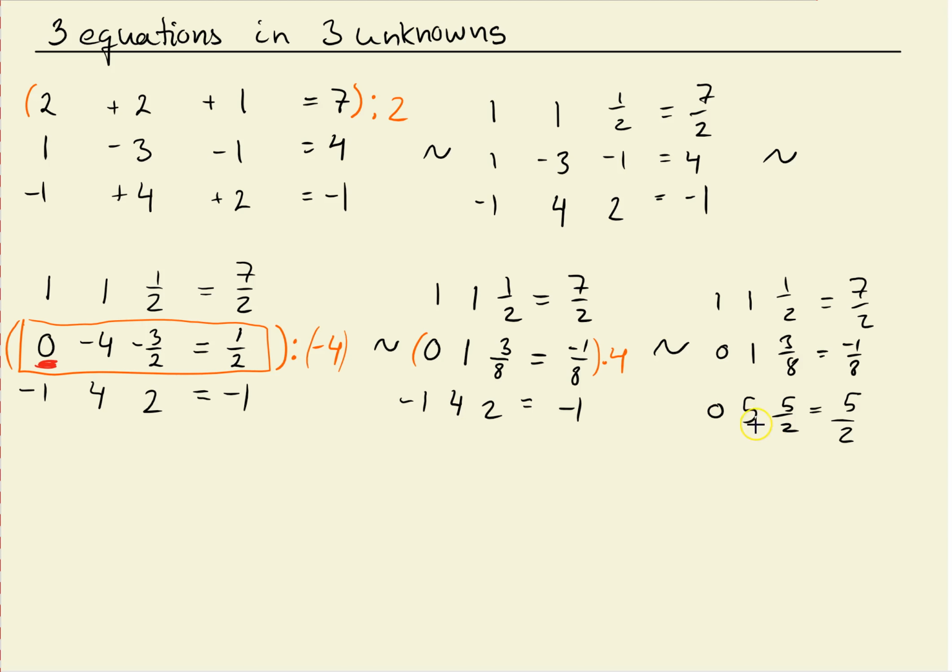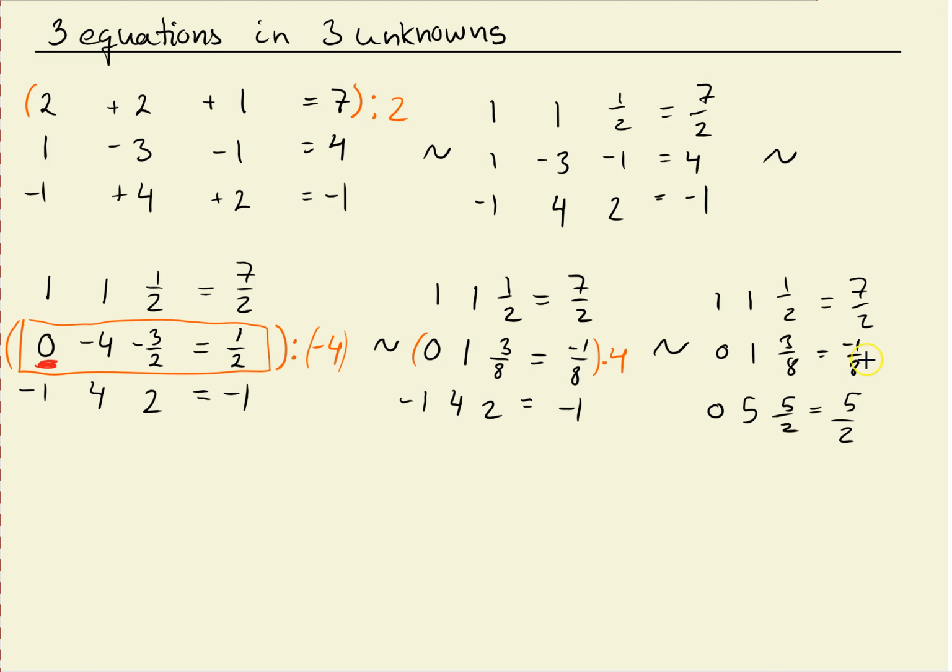Now I want to provide another 0 here. I can't do that with the first equation because that would mess up my 0 over here, but I can multiply the second equation by some clever number in order to transform it in a way that would make it possible to make this 5 disappear.